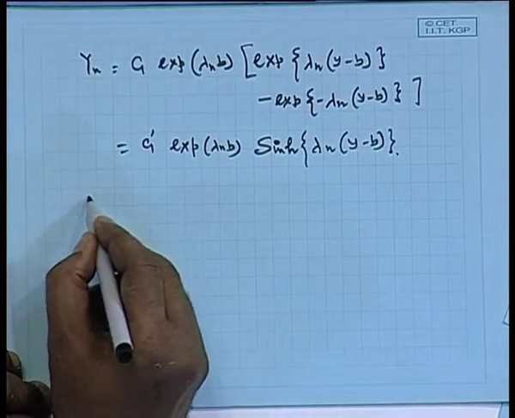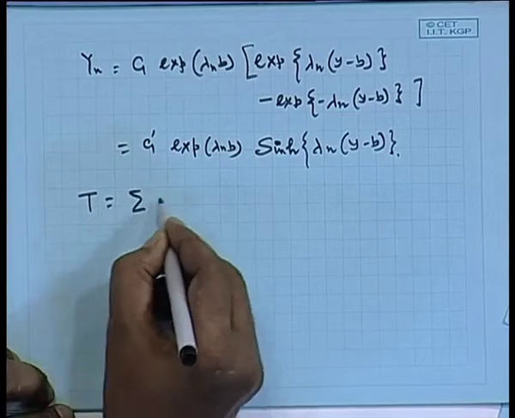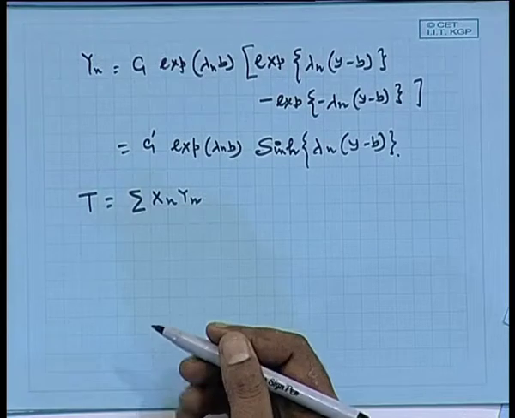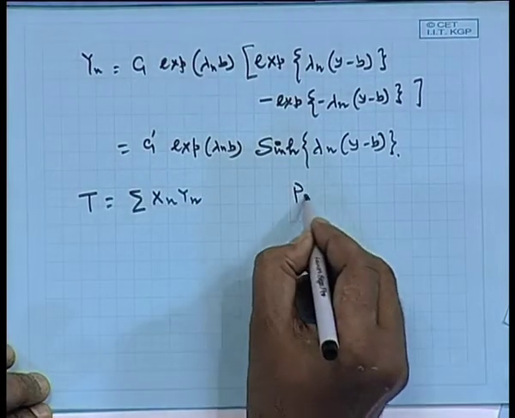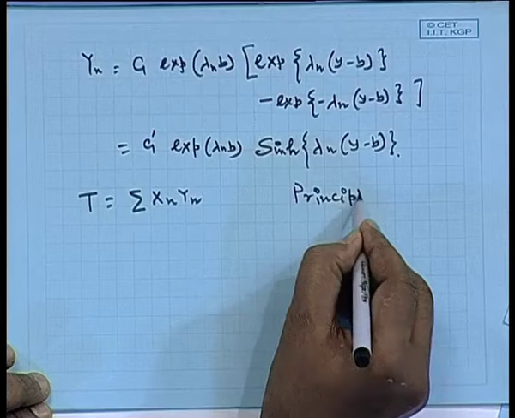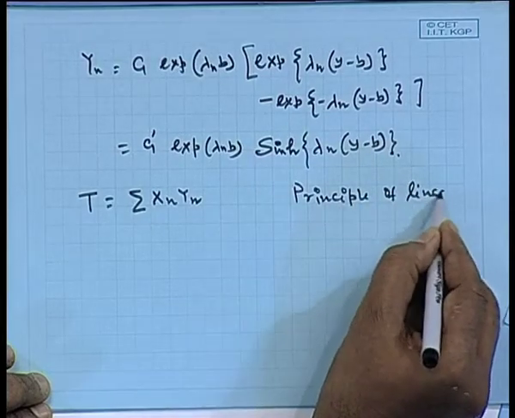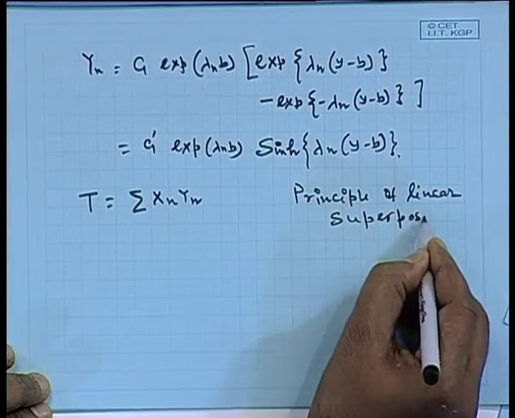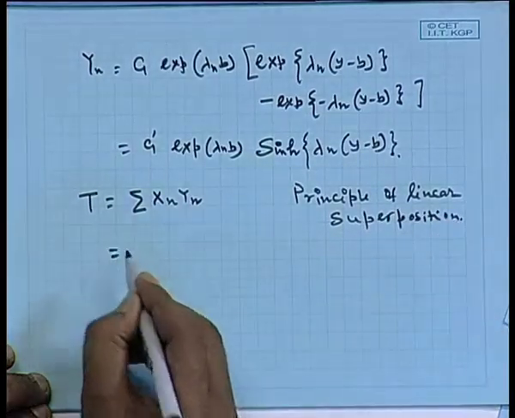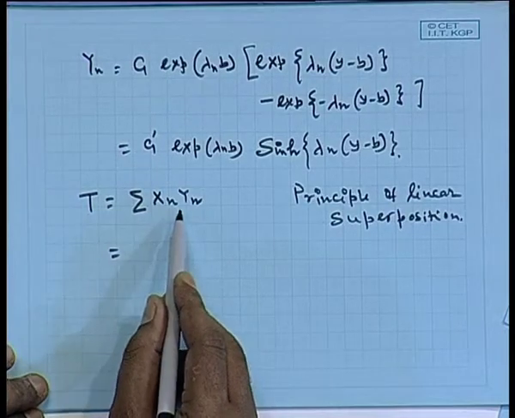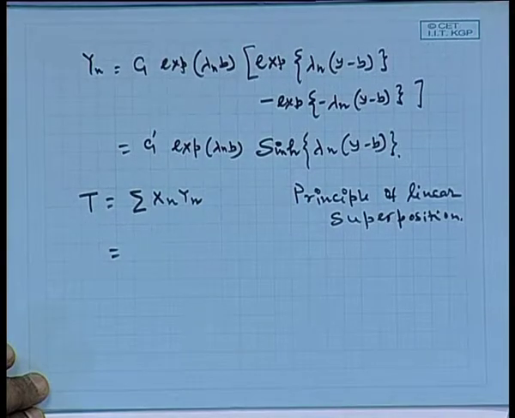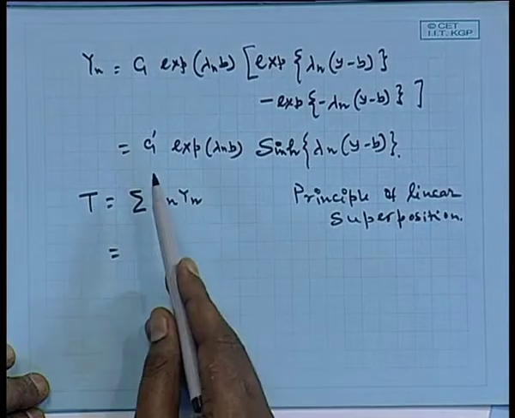Now, my solution is the product of X n and Y n, because I get all the X n's and all the Y n's, and by using the principle of linear superposition you add all the solutions and sum it up, right. So, if you do the summation of X n and Y n, you have two constants. With X n you will have some constant c times sin n pi x by a, and here you have C1 prime.